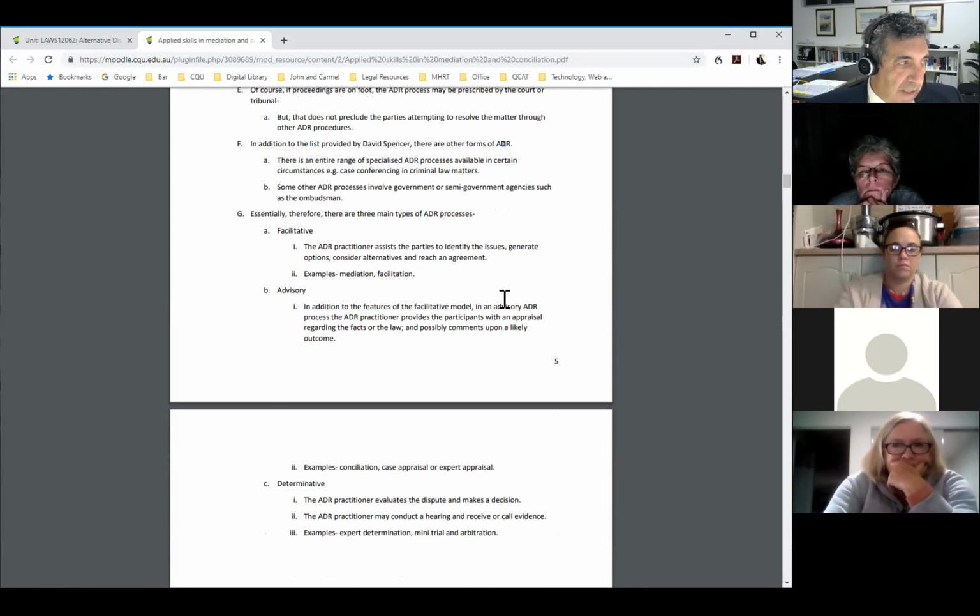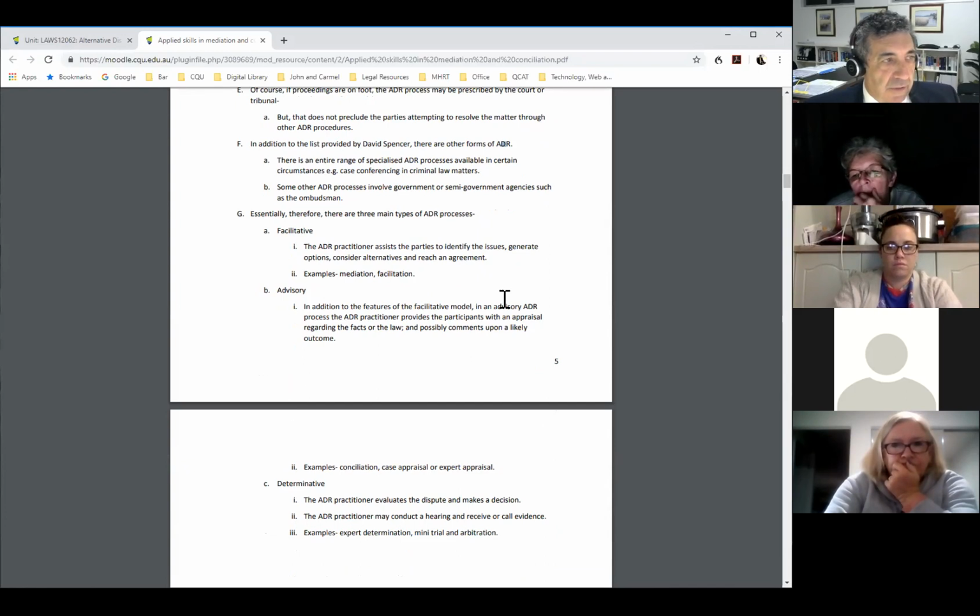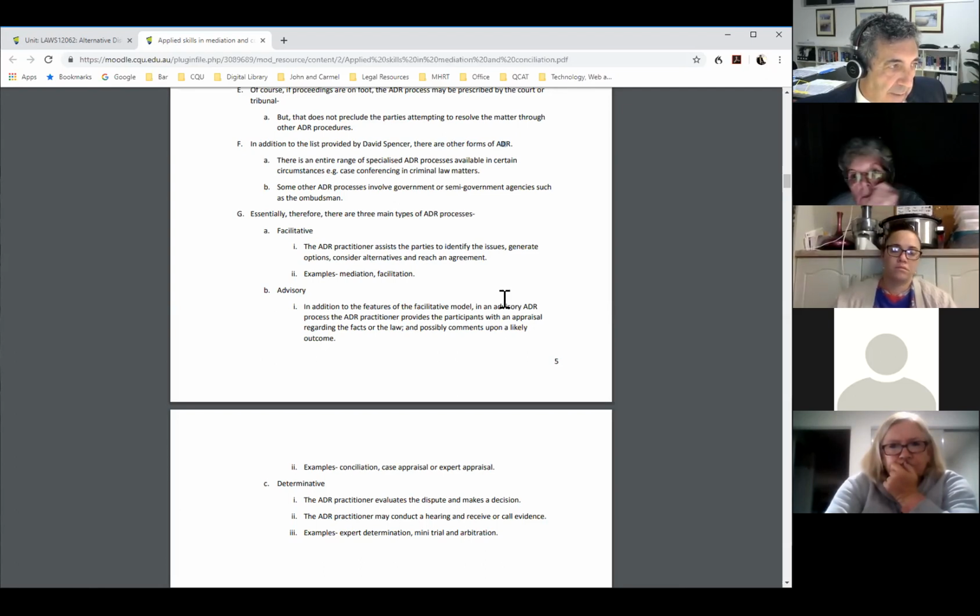And the second is advisory, which is the same as facilitation, but in addition, the ADR practitioner provides an appraisal regarding the facts or the law, or possibly comments on a likely outcome. So the typical example would be conciliation, but also case appraisal or expert appraisal.